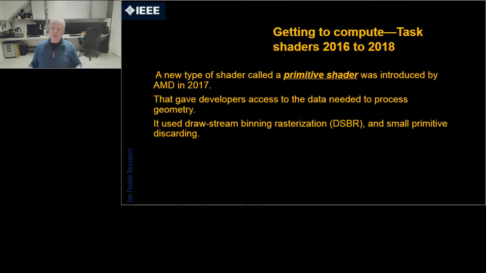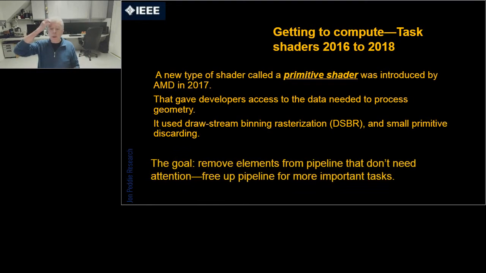Then in around 2016 or so, AMD came up with this idea of task shaders, and they also got called primitive shaders. This moved us even further towards a compute model and away from fixed functions. So we still had the pipeline concept because we did still have to process things in a sequential manner, but we didn't have to have physical allocation of things, and that was really important.